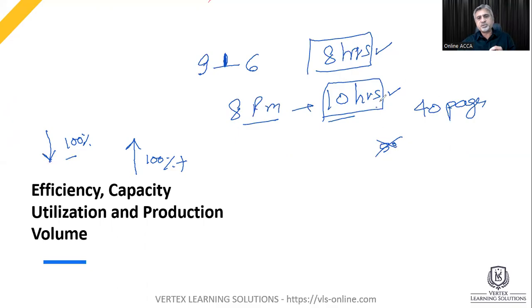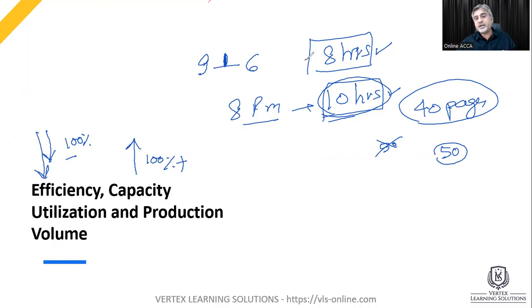Based on 10 hours, I was expecting 50 pages from you. You gave 40, so your efficiency goes down. But instead of 8, you worked 10 hours, so your capacity is more. And when you multiply, let's suppose some numbers, okay? Efficiency is less than 100, so probably efficiency is 90%.